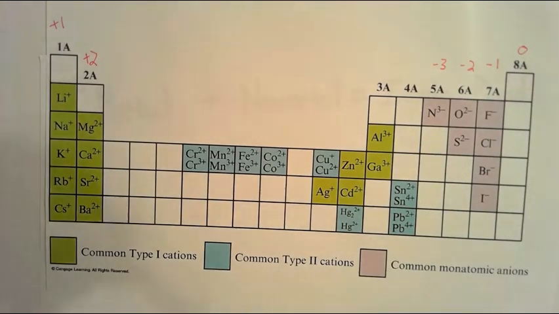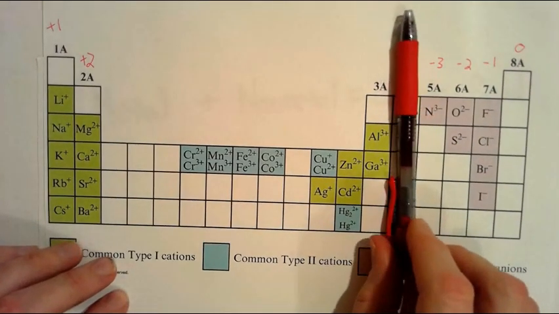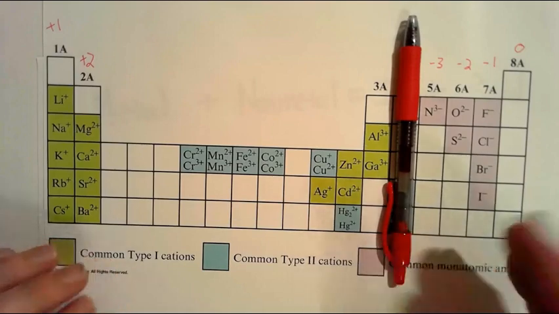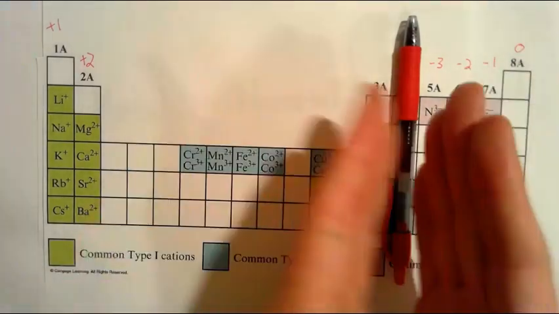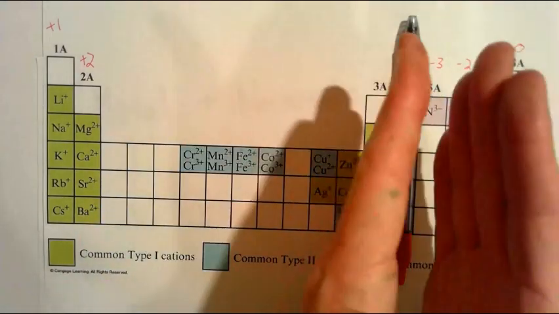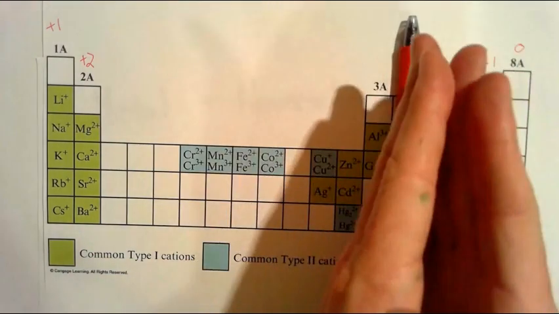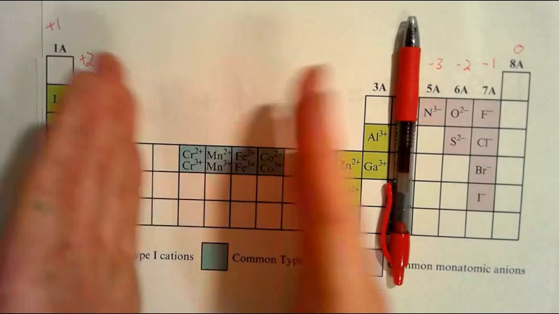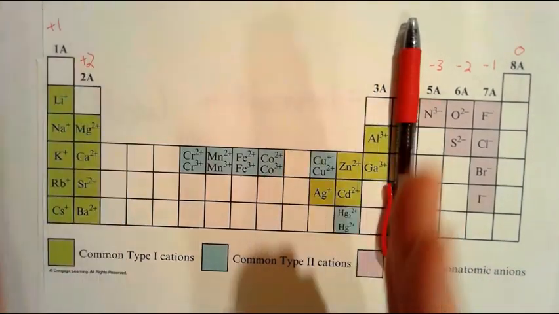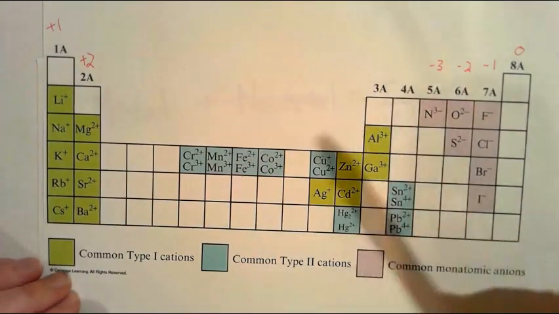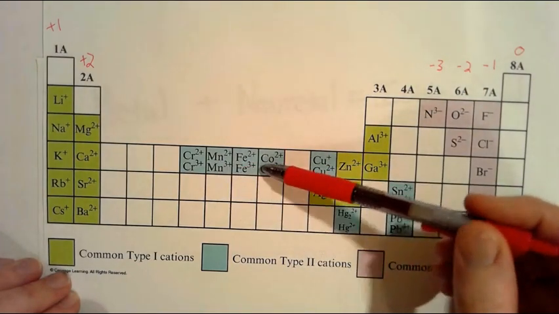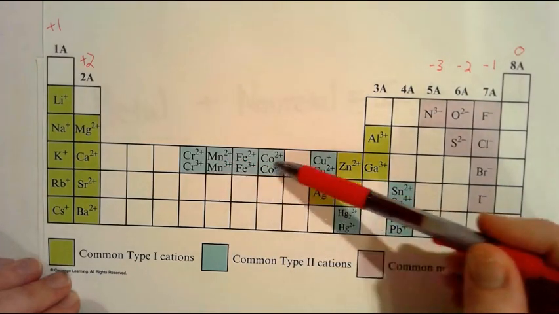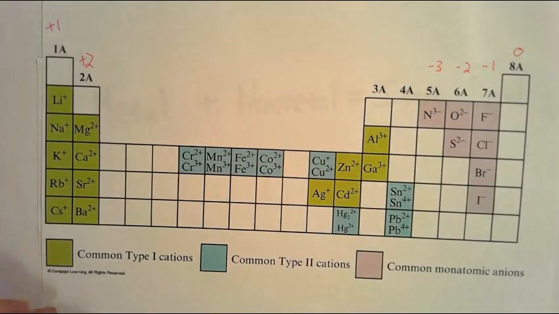So think of this as almost like a football field. If this were your 50-yard line and it was split in half, it decreases going outwards. We're skipping the transition metals because the transition metals are for another video. They can have 2 different oxidation states.